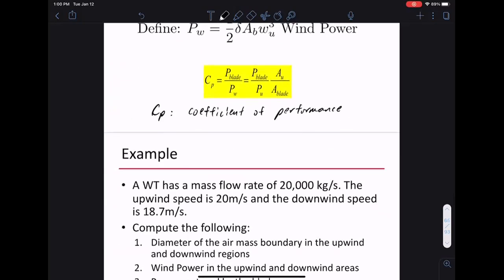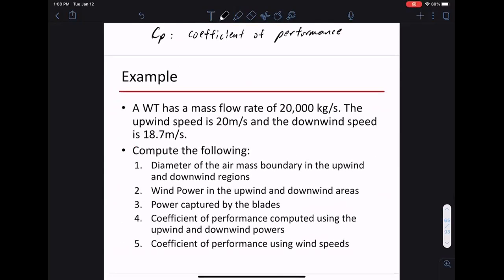Okay, so let's do an example. This example says I have a wind turbine, WT, and somehow I compute the mass flow rate, so I know how much air is flowing through this area. Upwind speed is 20 meters per second, downwind speed is 18.7.